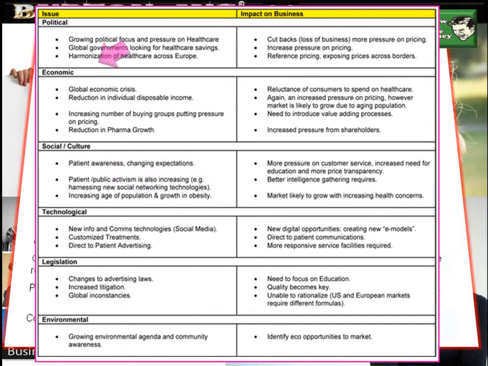Legislation will come under political factors in a normal pest analysis. And we want to know the impact on business as well. Not just to identify potential external factors, but the actual impact they will have on our particular business that we're analysing.